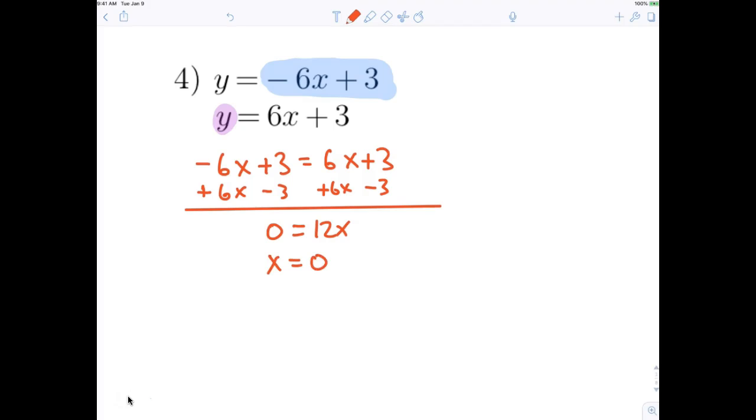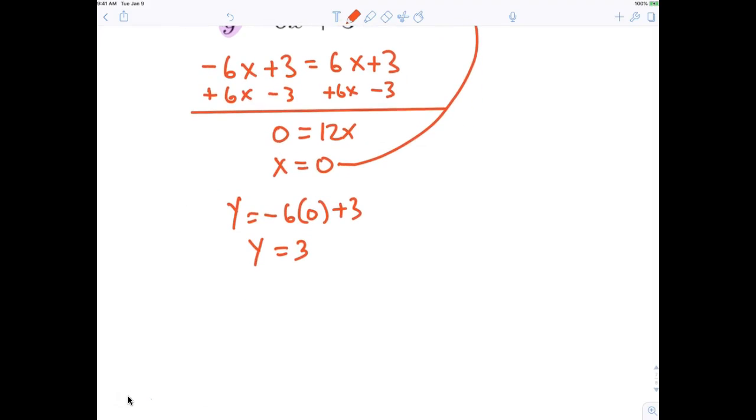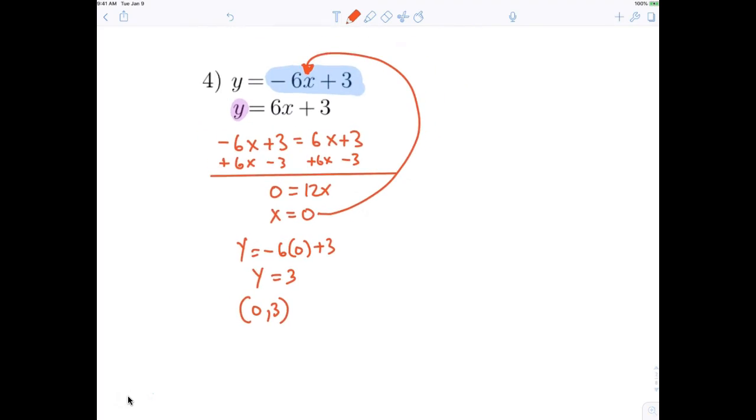Now that I know X is 0, I just replace 0 in for X. So Y is equal to negative 6 times 0 plus 3. So Y is equal to 3. So the answer in this case is 0, 3. So that means if I were to graph those two equations, they would intersect at 0, 3. All right? Here we go.